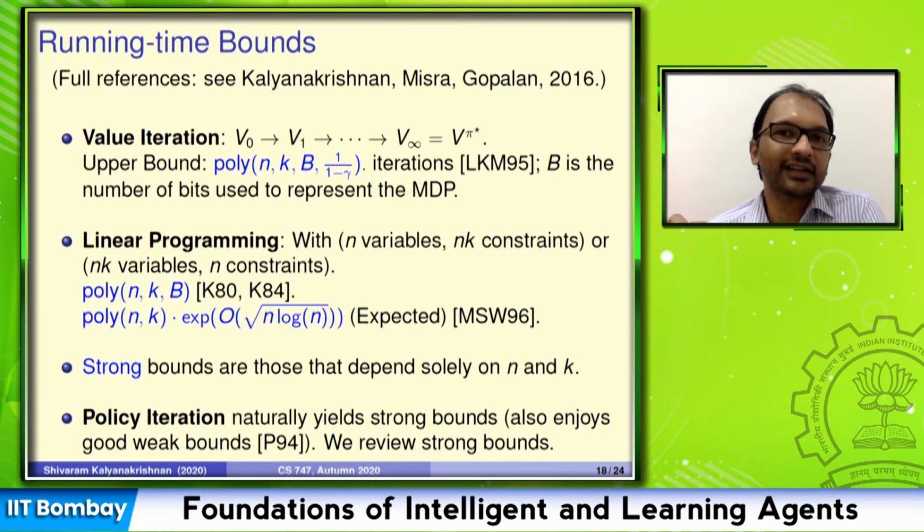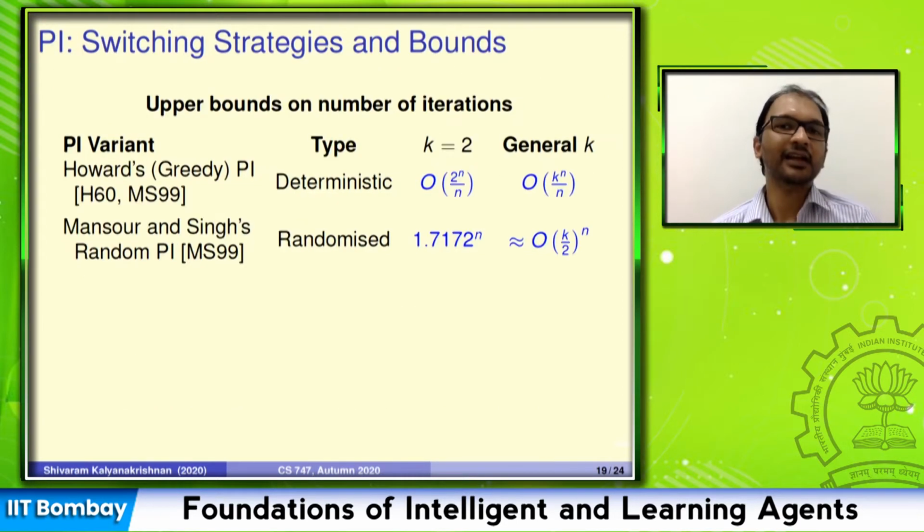However, my own research in the last few years has precisely looked at improving the strong upper bounds for policy iteration. We have bounds that are better than the trivial bound of k to the n. They're also better than some of the advances that were made on top of k to the n. So that's what I'm going to present to you in the next few slides.